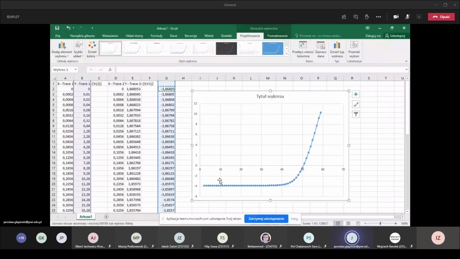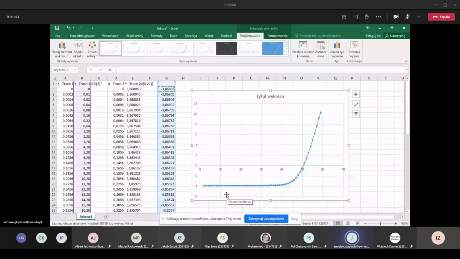So we've got the current going through the elements when we have some light on it. Okay, so this is the characteristic of the elements.